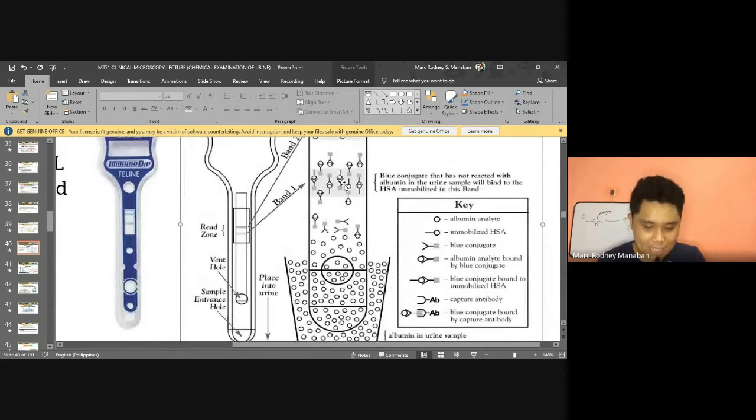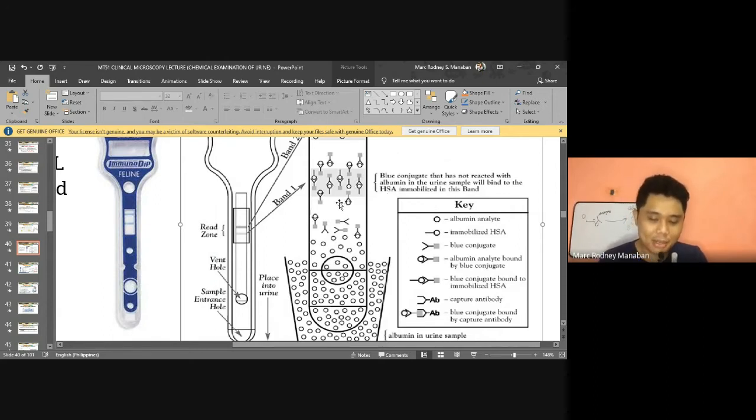Now, in the first band, of course, ang nasa first band, as you can see, are mga immobilized na human serum albumin. So, diri pa lang sa band 1, dears, naa nay reagent, mga serum albumin. Okay? And this will bind to the unbound na mga conjugates diri. Kato mga wala na-bind sa albumin. Okay? So, kani siya, alright, i-capture ni siya diri sa band 1, sa imuhang reagent na serum albumin.